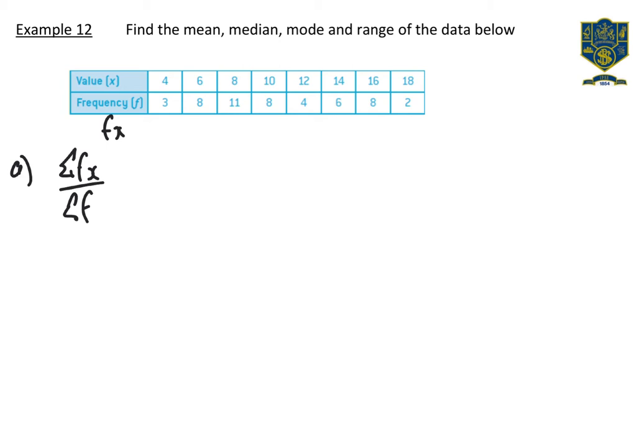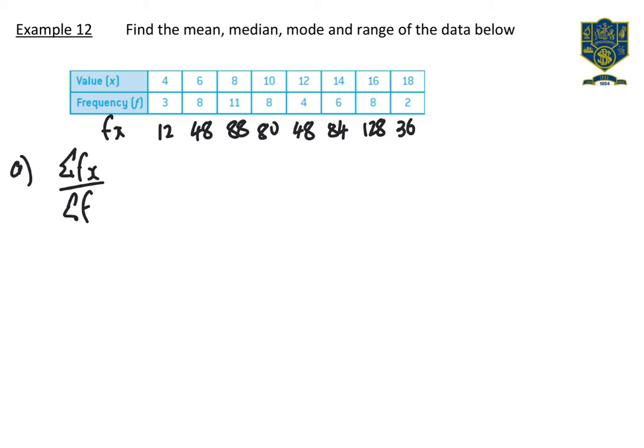So 4 times 3 is 12, 6 times 8 is 48, 11 times 8 is 88, 8 times 10 is 80, 12 times 4 is 48, 6 times 14 is 84, 8 times 16 is 128, and 2 18s are 36. So we've got our fx values.